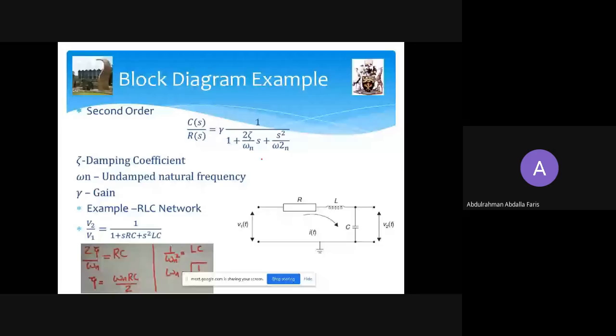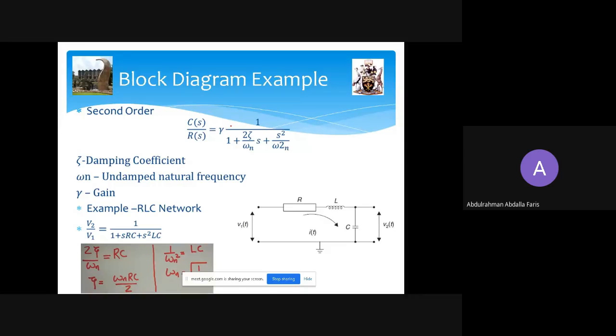Another, second order standard form is given by that. We have two forms of this. You can either have it this way. Another form, I'll show it in other lectures, maybe next week. So whenever you have a second order system, you can present it in this form.